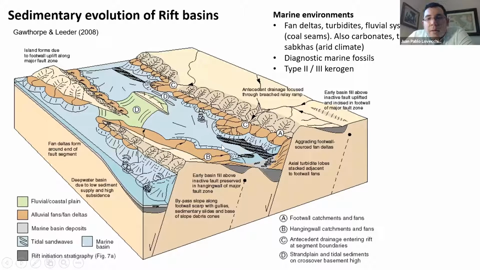You may or may not have volcanic activity, but in particular, you will have some elongated features on the surface that will reflect fault activity, and this will also be translated into earthquakes, or the record of earthquakes, that will show the movement or the displacement along these normal faults.